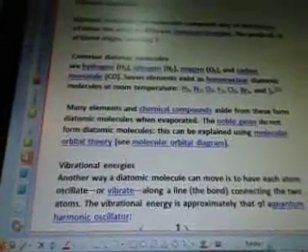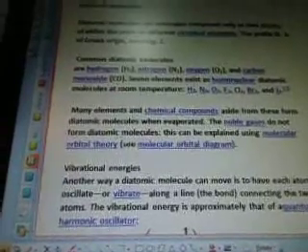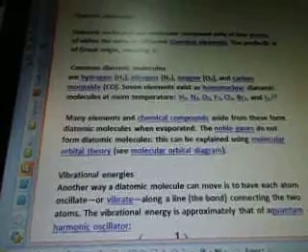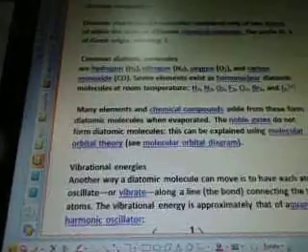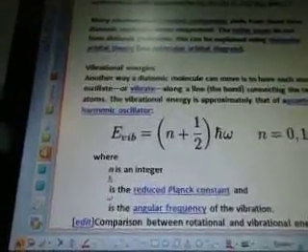I'm not sure, it doesn't tell me if it's an I or an L. Many elements and chemical compounds aside from these form diatomic molecules when evaporated. The noble gases do not form diatomic molecules. This can be explained using molecular orbital theory. See molecular orbital diagram. Vibrational energies.